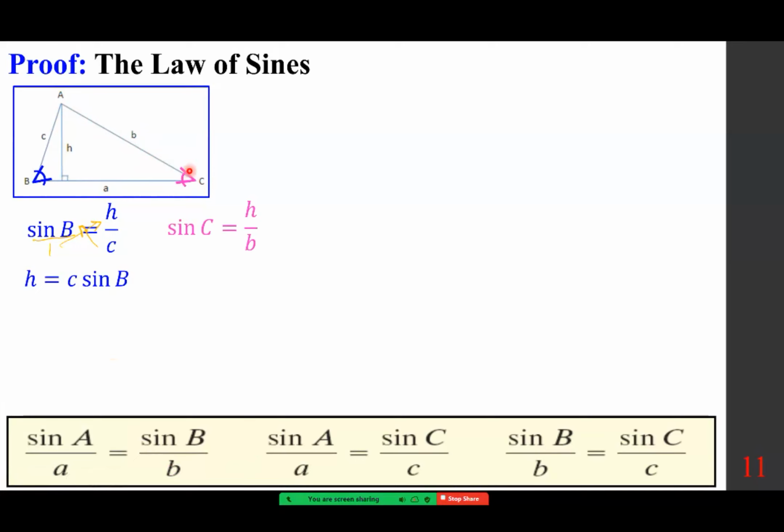Sine of C is H over B. Therefore, in this case, H is the product of these two, B sine C. So those are equal because both of them equal H. Okay, so let's hold on to that.